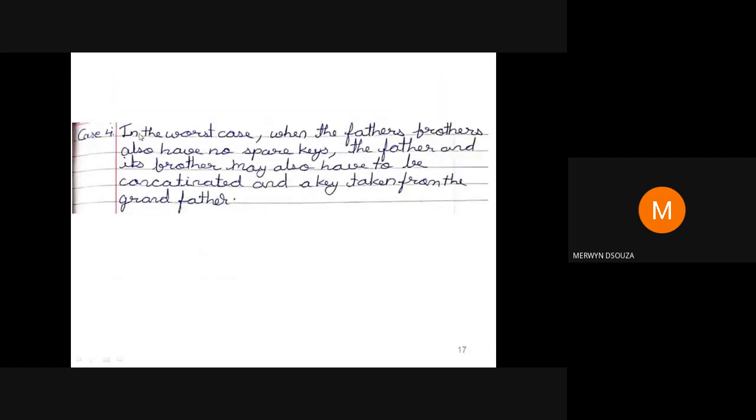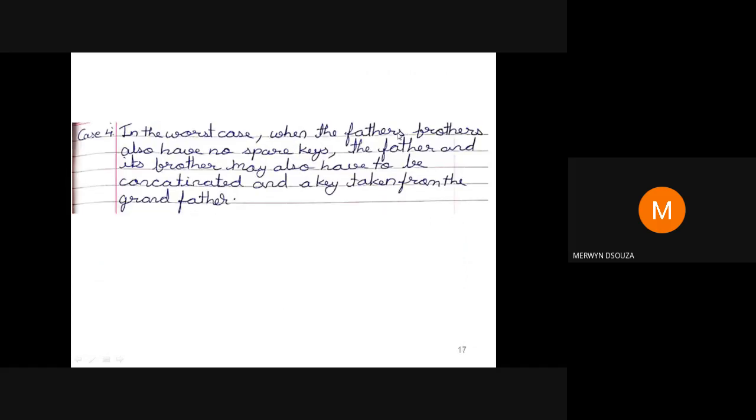And the fourth case is the worst case, when the father's brothers also do not have spare keys. Here you are seeing that the younger brother of the father had a spare key, but the older one did not. But it could so happen that the older one is not having a spare key and the younger one also is not having a spare key. At that time, the father and his brother may have to be concatenated.